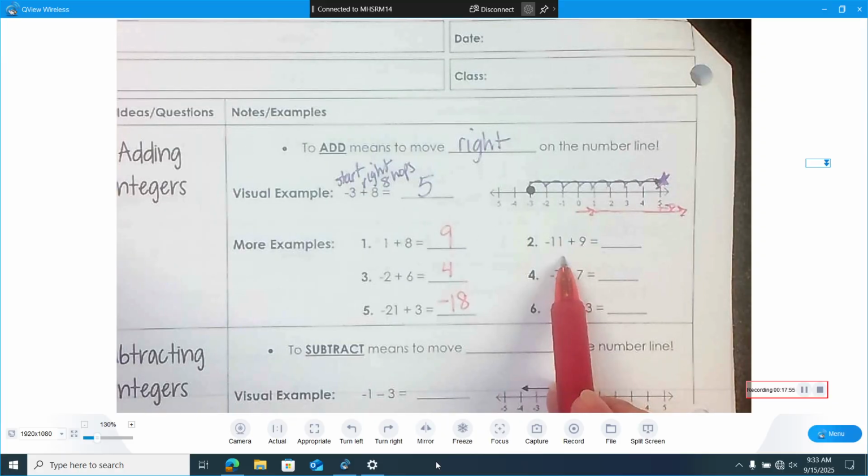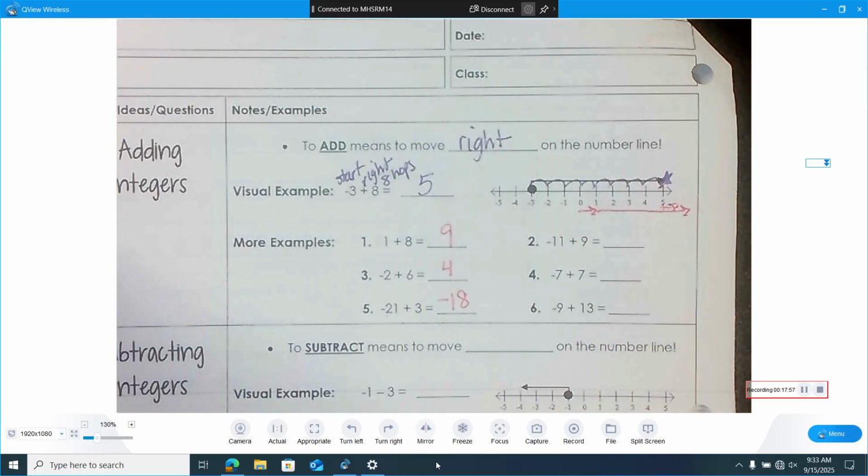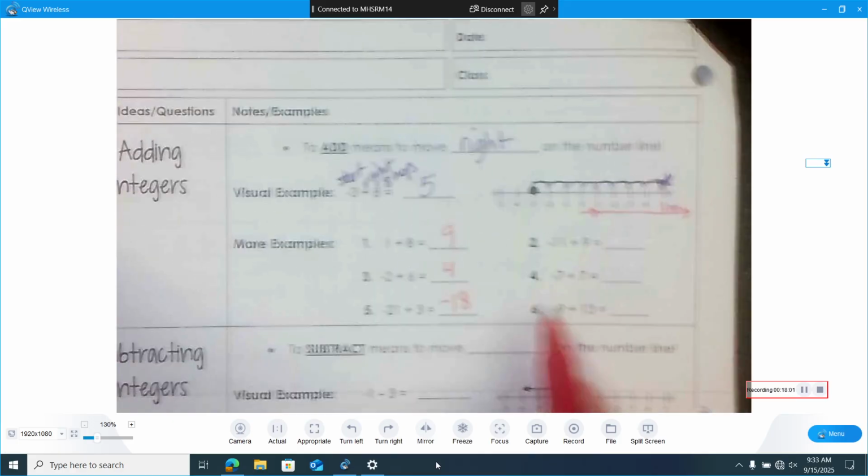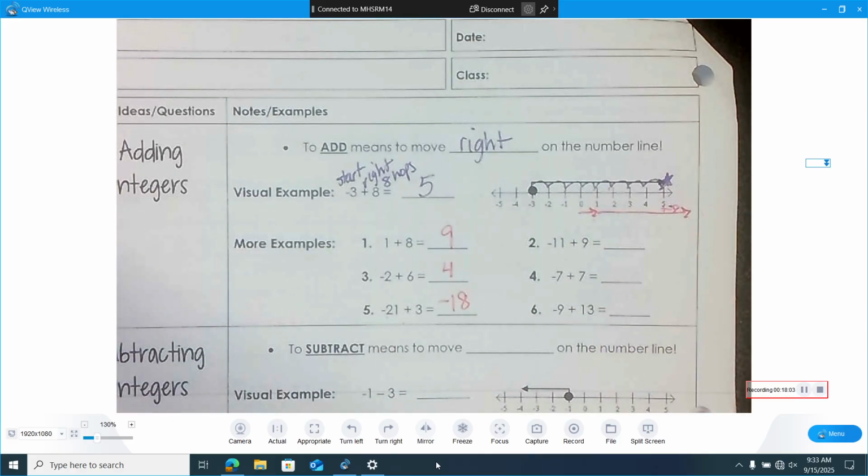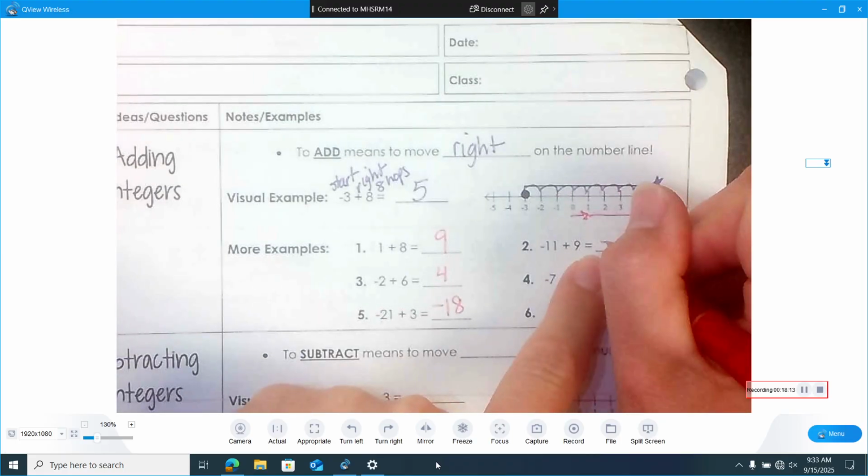Here at number 2, because I clearly don't know how to count, I'm starting at -2, I'm sorry, not -2. I'm starting at -11. Thank you very much. -11 here, and I'm going to move 9 spaces to the right. Where do I land? -2. Very good.